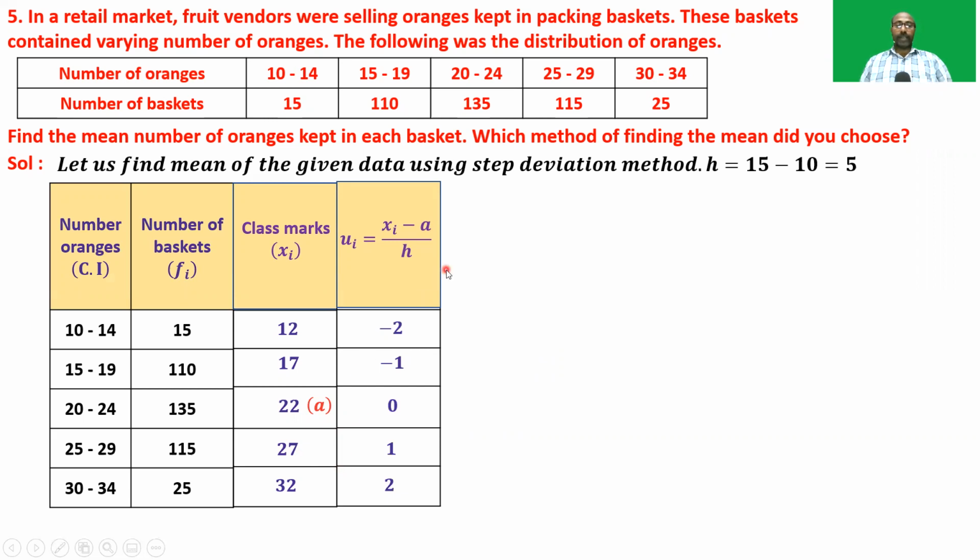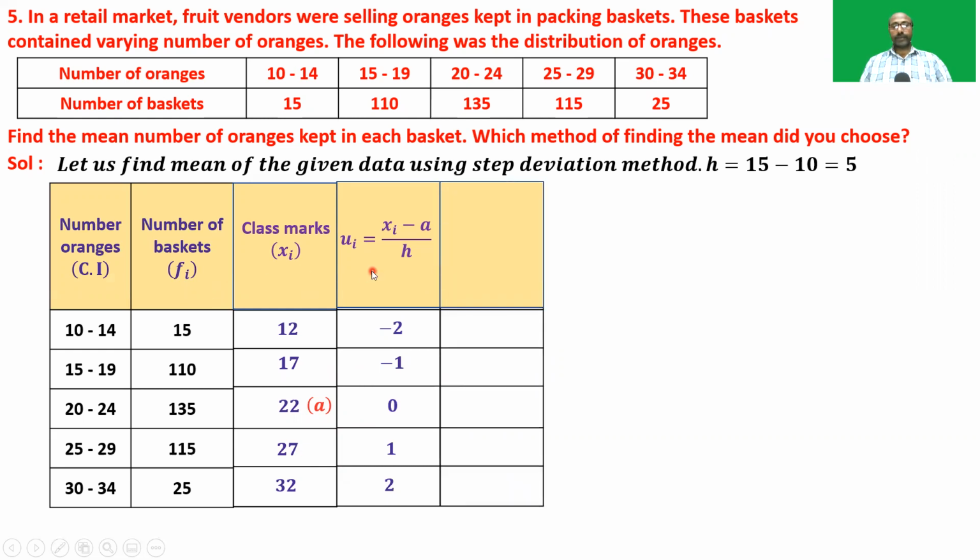Now the fifth column is fi into ui, the product of the values of fi and ui. 15 into minus 2 is minus 30. 110 into minus 1 is minus 110. 135 into 0 is 0. 115 into 1 is 115. And 25 into 2 is 50.